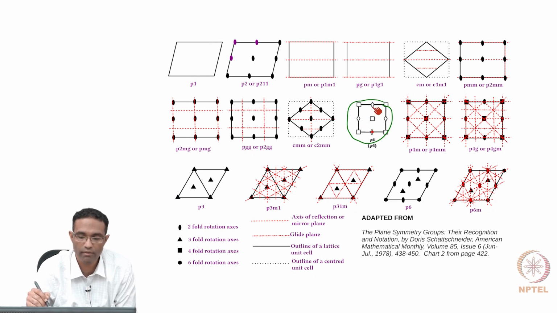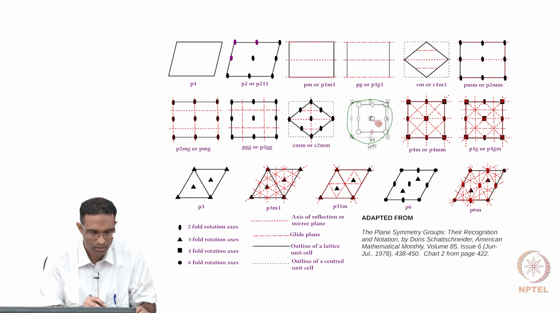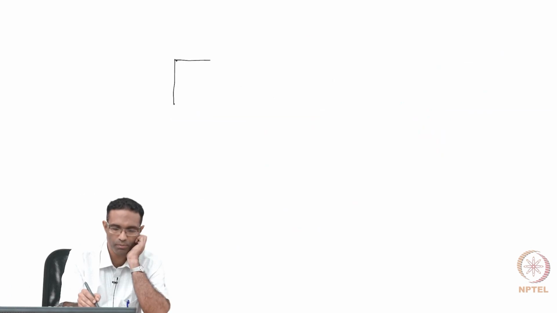Now, if you have an atom lying right here, what is the fractional coordinate of that point? If you have this to be B and this to be A, you have the twofold rotation right here, and a fourfold rotation.